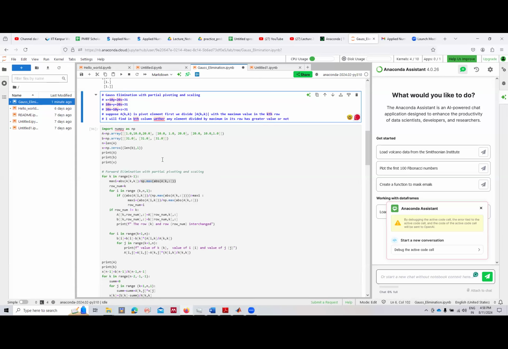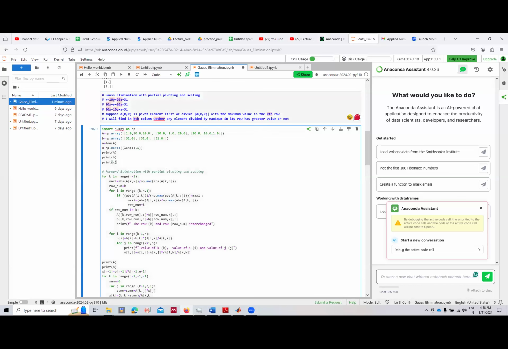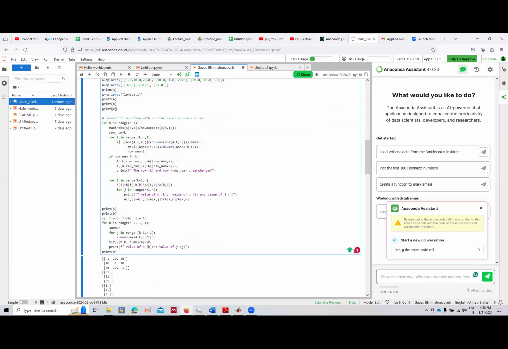So simply, I go for i in range that starts from k and goes to n with one step.